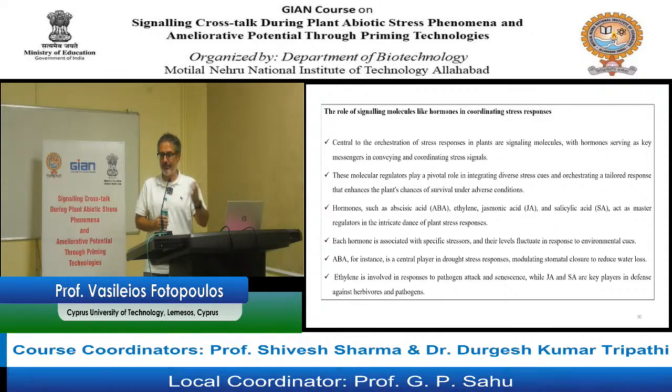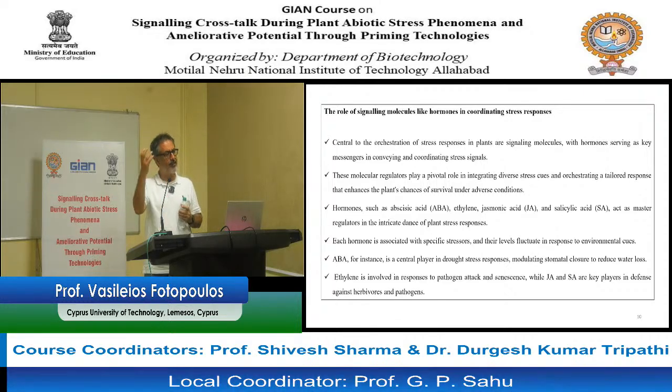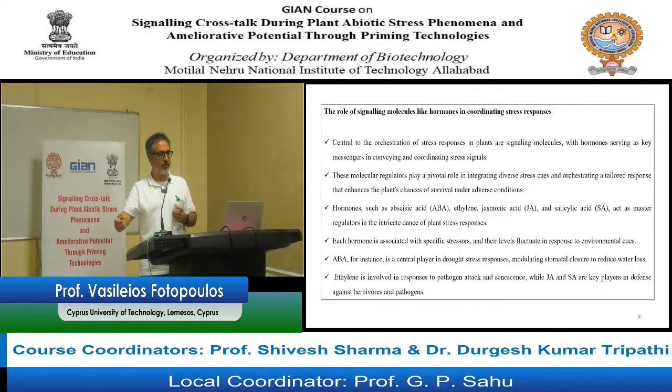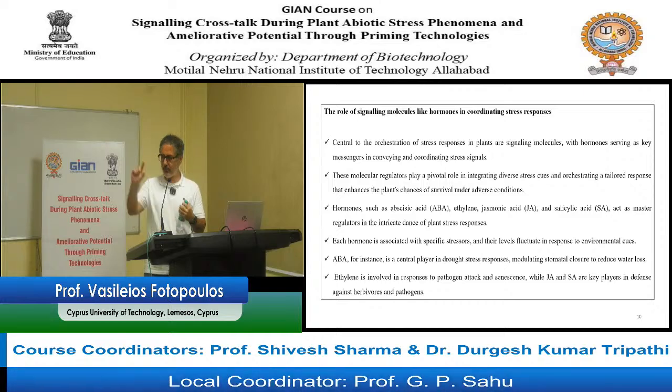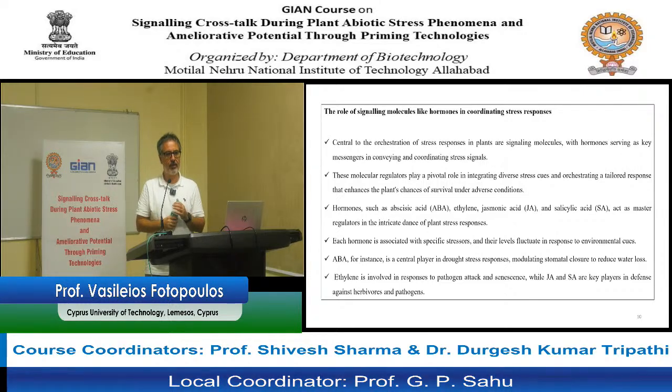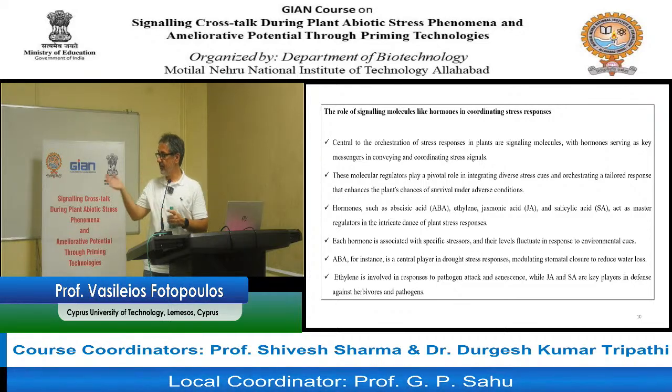And ABA, as I mentioned before, the main reason everybody thinks of ABA when it comes to drought stress is that the main end product of ABA activity is, of course, the stomatal closure, the regulation of the stomatal movement, which is directly linked with the water status of the cell. Ethylene is very commonly associated with the concepts of senescence, as I mentioned before, but mainly also pathogen attack.